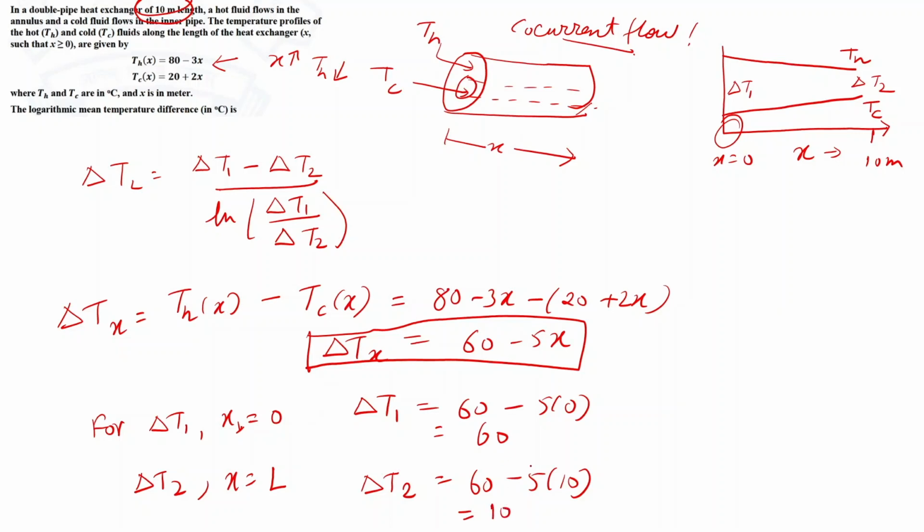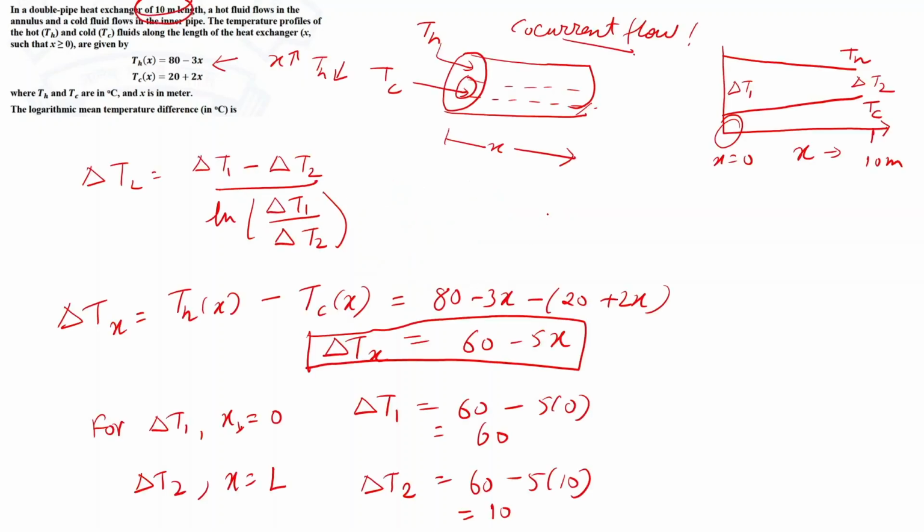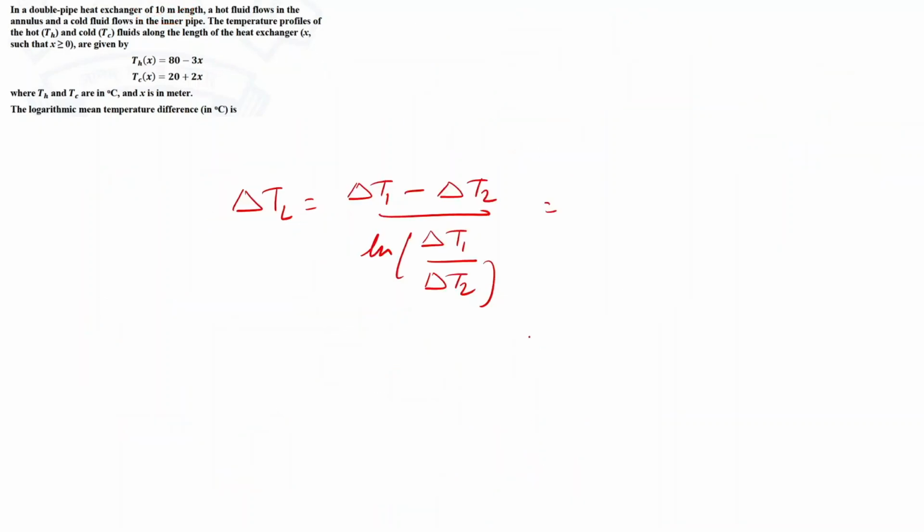So we have delta T1 and delta T2. Based on that, we can calculate my log mean temperature difference. So delta TL is equal to delta T1 minus delta T2 upon ln of delta T1 upon delta T2. Delta T1 was 60 and this is 10, so it will become 60 minus 10 upon ln of 60 upon 10.